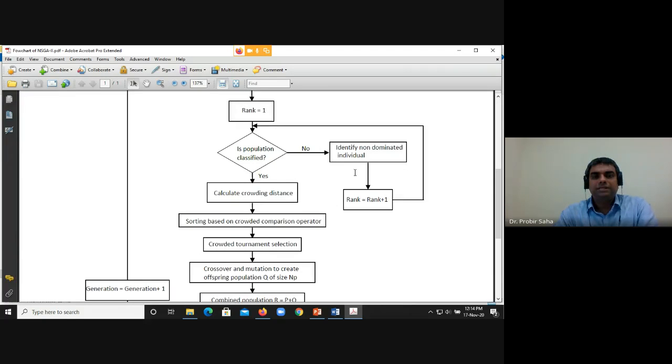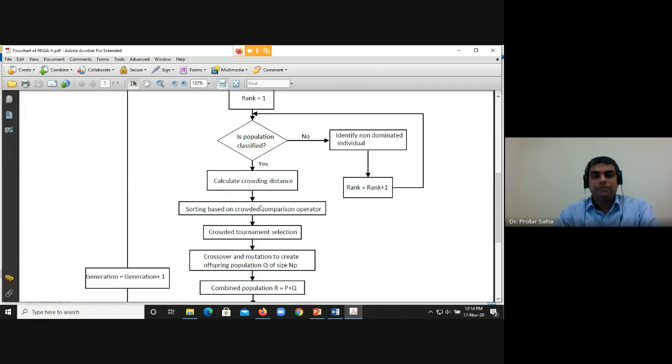After the ranking is done, we calculate the crowding distance. Crowding distance maintains diversity in the solution, which is very important. In multi-objective GA, the solutions should be as close as possible to the Pareto optimal front and as diverse as possible.